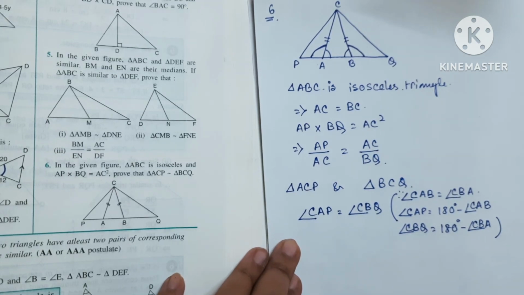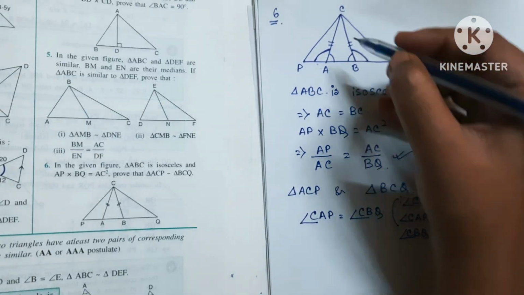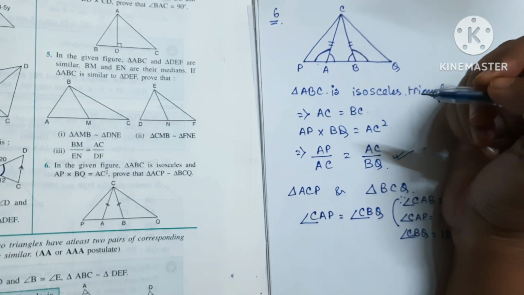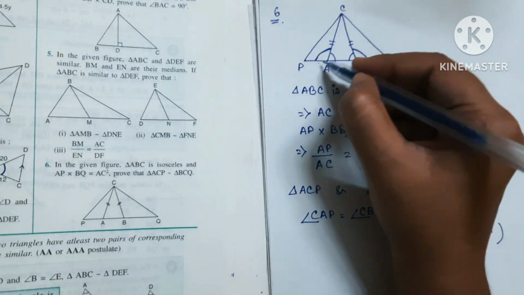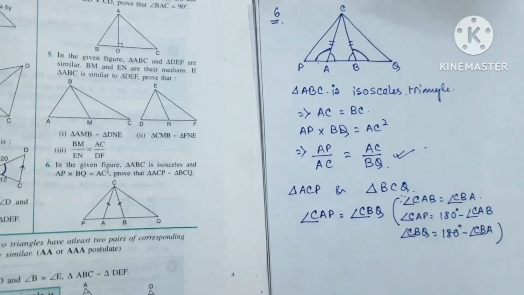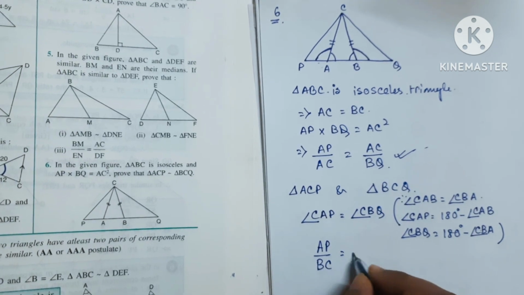Now see, from this condition, what you have got: AP by AC is equal to AC by BQ. Now you know that AC means CB or BC, right? So you can write AP by BC is equal to AC by BQ.